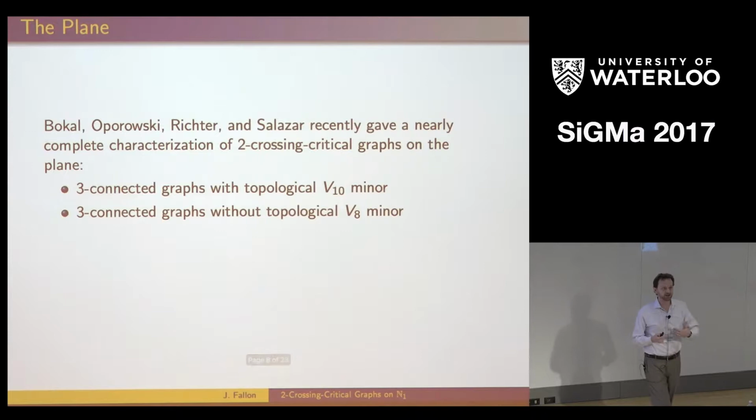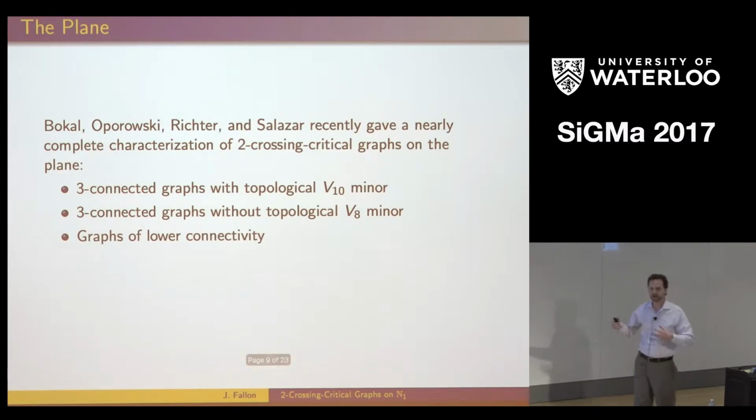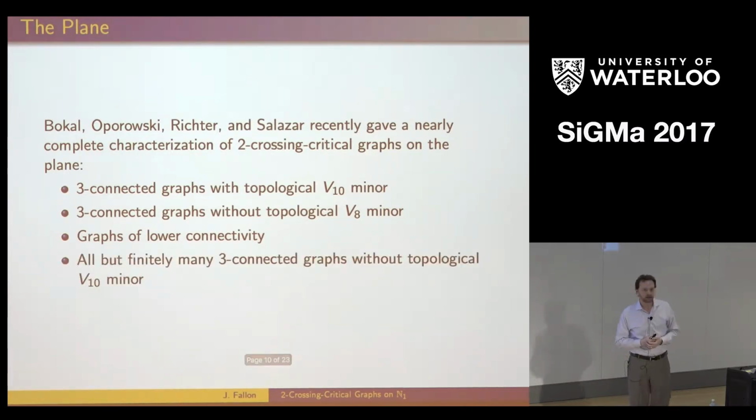The three connected graphs that don't have a V8 topological minor, and they describe how to piece together these graphs of higher connectivity to find the two crossing critical graphs that are one connected, disconnected, and two connected. Now you see there's a little bit of a gap there, missing V8 to containing V10, but they did give a bound for the order of graphs in that gap.